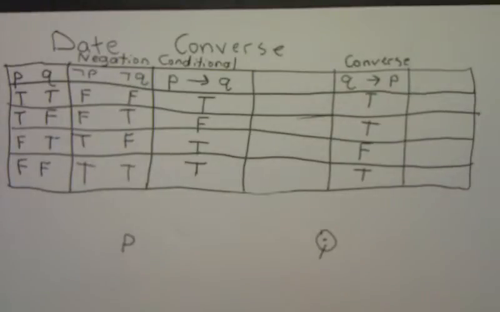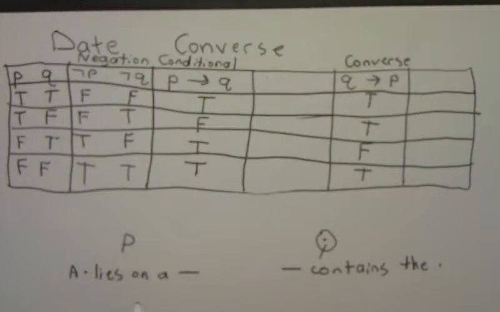If a point lies on a line, so P is a point lies on a line. Q says the line contains the point.